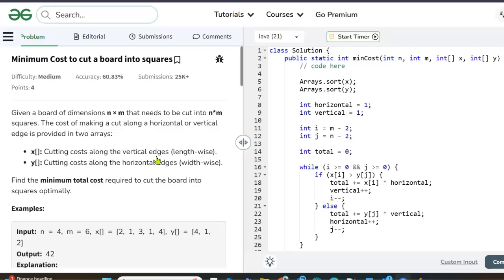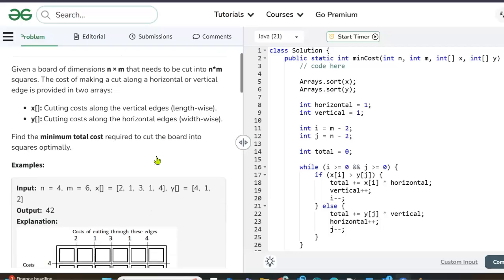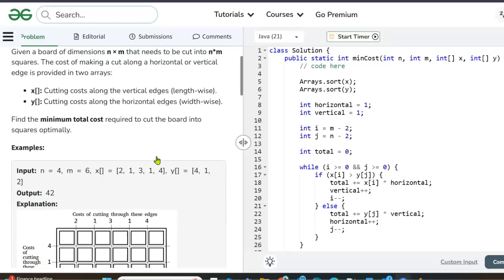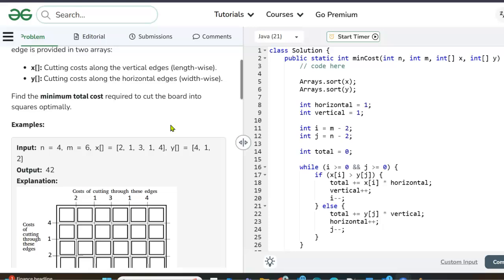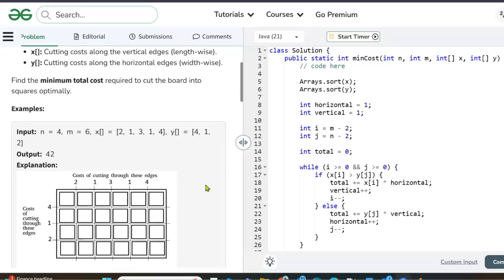The challenge is, given a board of dimensions n by m that needs to be cut into n times m squares, the cost of making a cut along a horizontal or vertical edge is provided in two arrays. We get the X array, which is the cutting costs along the vertical edges, lengthwise.